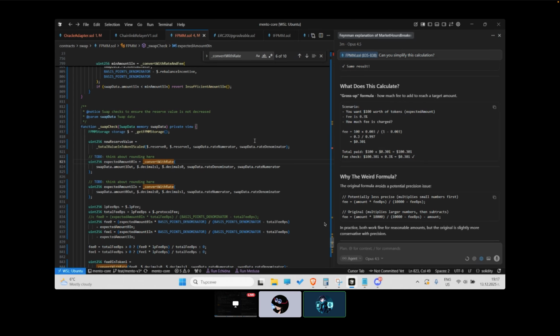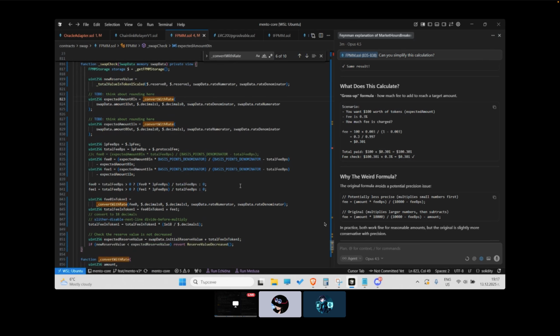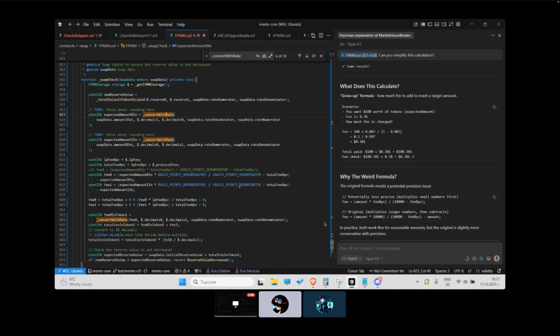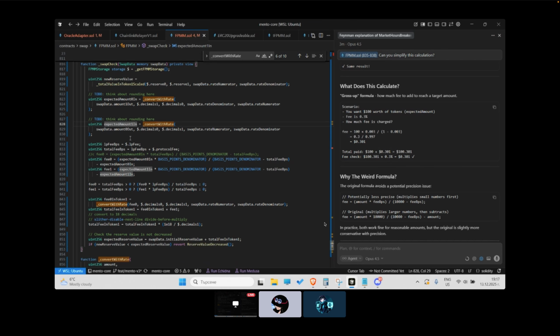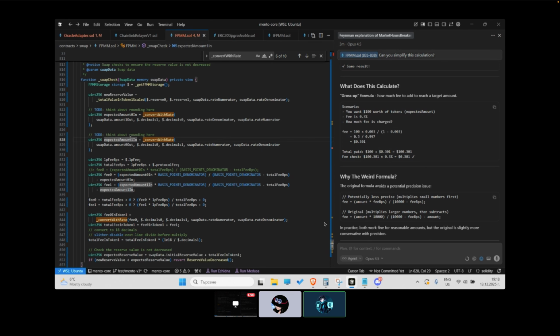I don't know why they divide by one minus fee here. Oh no no no! It's correct. Yeah, because it's based on the amount out. Oh okay. Yeah, I think so.